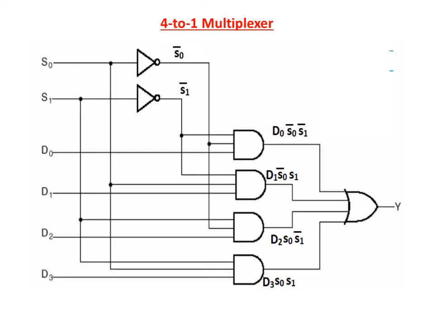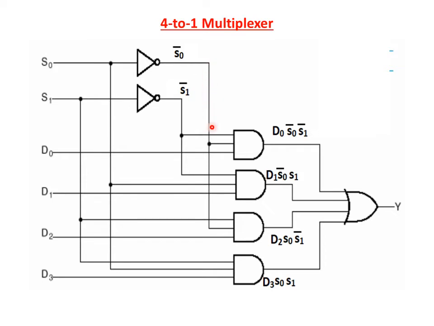This is the logical diagram for 4 to 1 multiplexer. The selection inputs S0 and S1 are given here, and the data inputs D0, D1, D2 and D3. The selection inputs in uncomplemented form we can take from this position and in complemented form from this position.